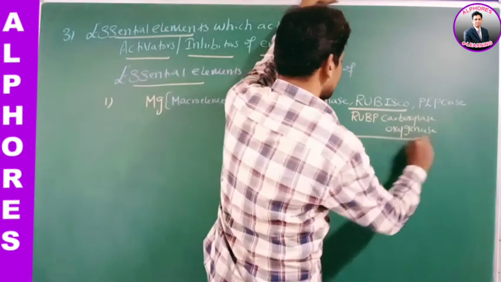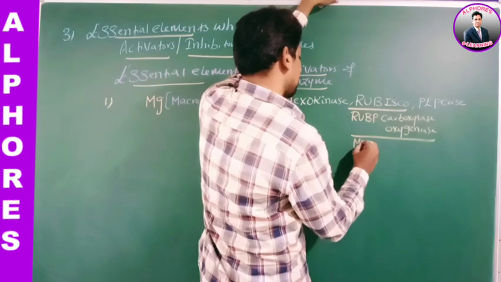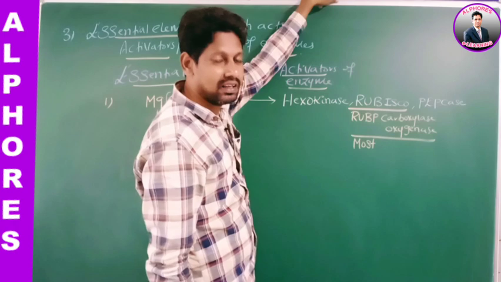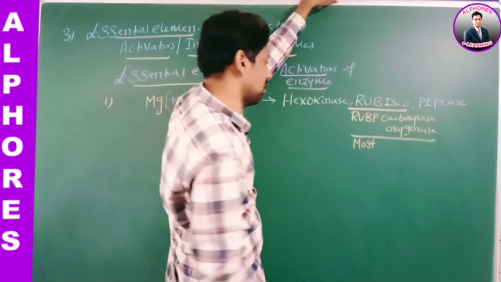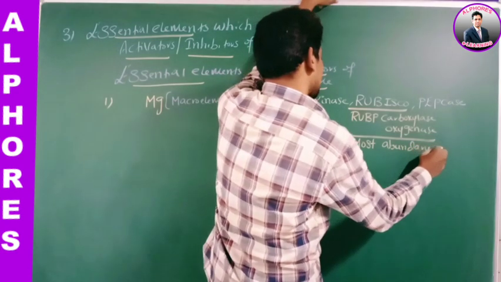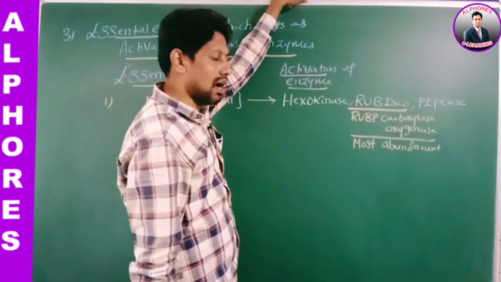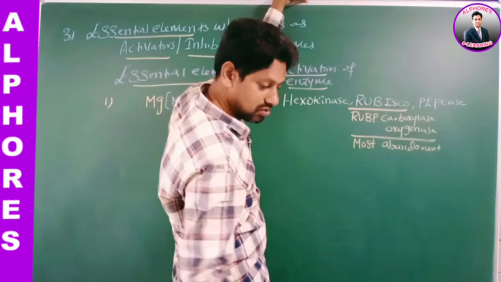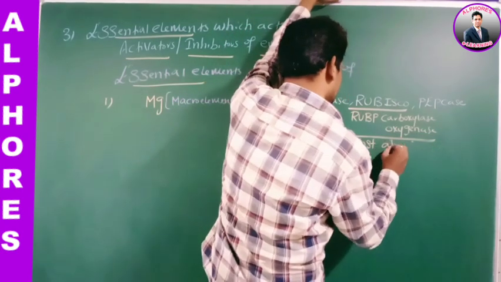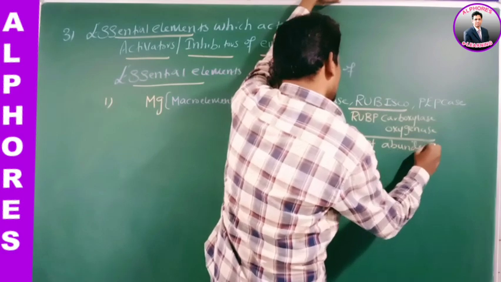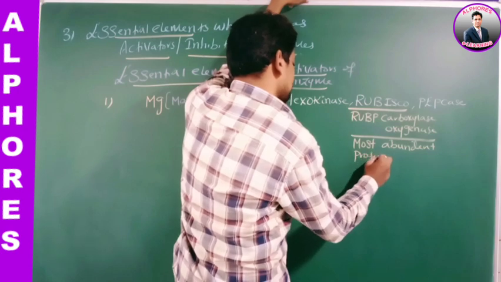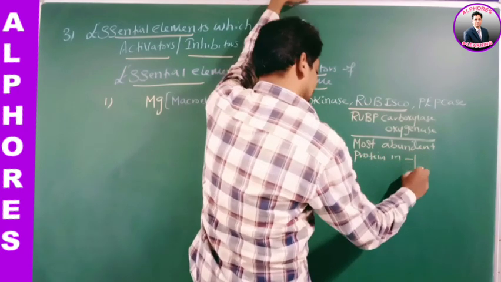This Rubisco is the most abundant protein. In first year we read that this is the most abundant protein in the plant kingdom, in the biosphere. Yes or no?